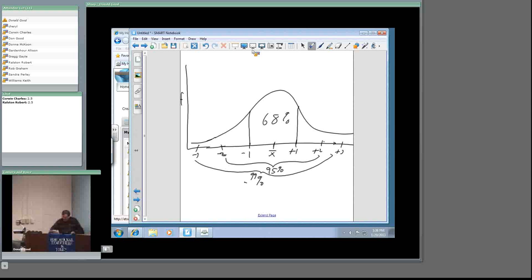Okay. Turns out a lot of things are normally distributed, or approximately normally distributed. I mentioned standardized tests. I specifically mentioned ACT and SAT, and we'll be using some examples of those in a little bit here. If you go out and collect data in the general population, like say height or weight, height and weight tend to be normally distributed.